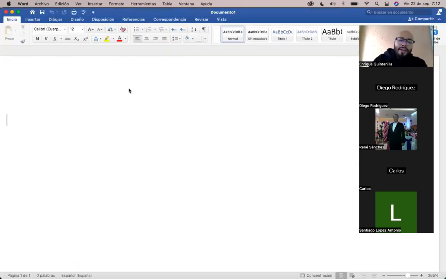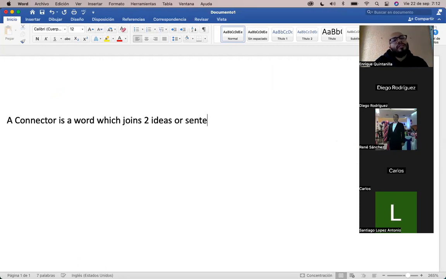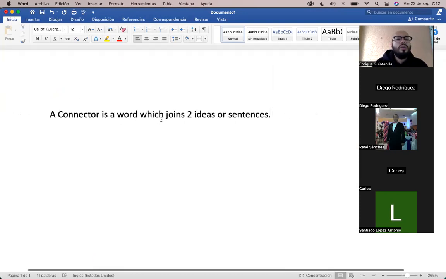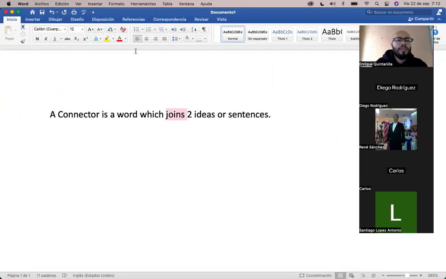A connector or a conjunction or a linking word is a word which joins two ideas or two sentences.